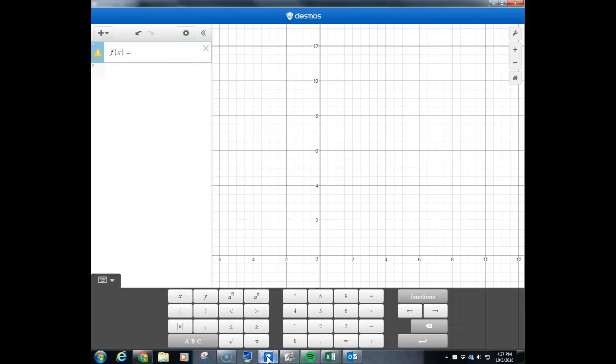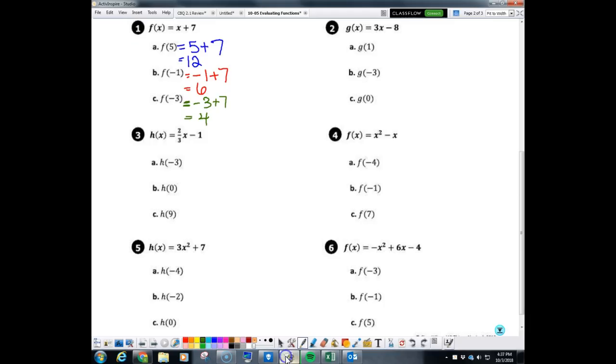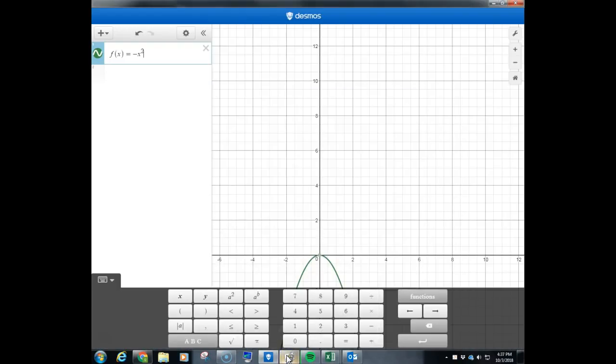So the way you type it is minus x, and then you use this squared button right here. So minus x squared, and it turns it into x squared up here. The rest of the equation is plus 6x minus 4. So that's your equation.